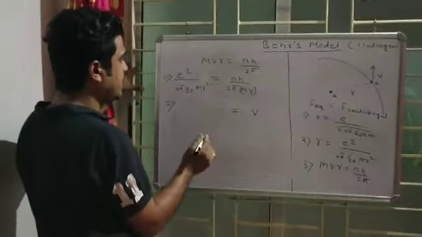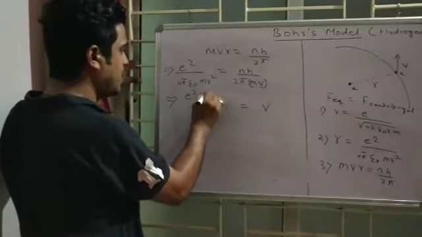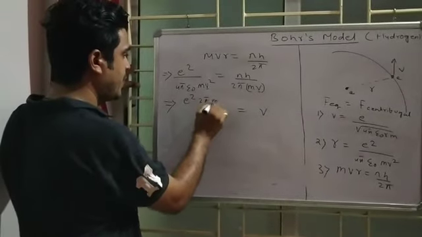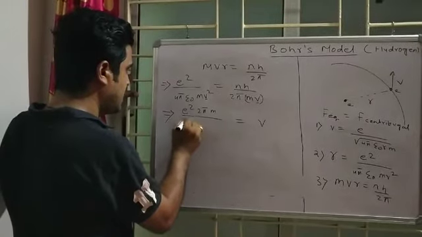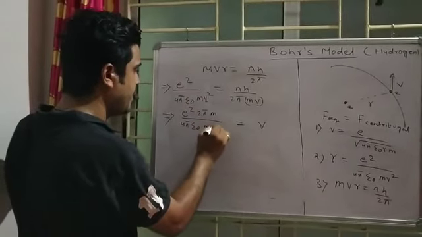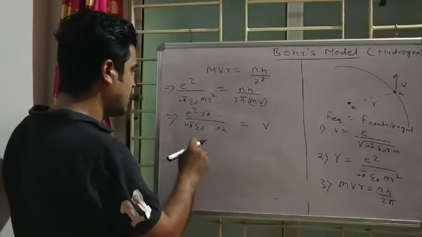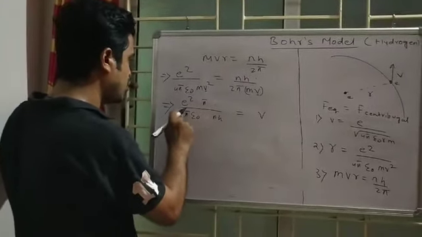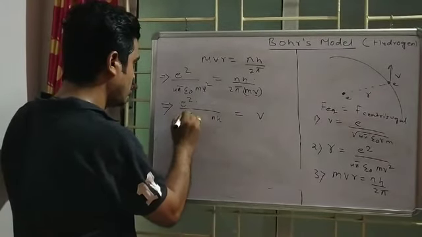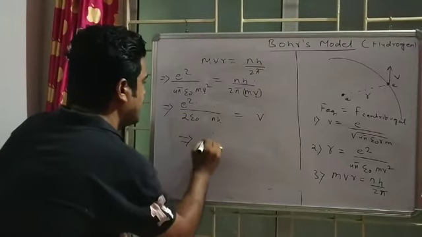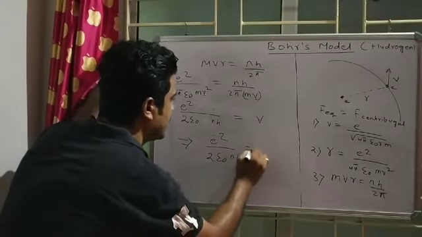By doing this, every term on this side is e square into 2 pi into m upon 4 pi epsilon 0 m n h, and this m is cancelled out, and 2 pi, then 4 pi, so this is getting 2. So finally I am getting v equal to e square upon 2 epsilon 0 n h.